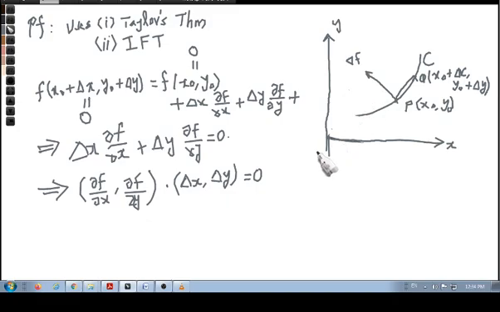Now our assumption is that this vector is non-zero. That means either this is not equal to 0 or this is not equal to 0. Let us assume, without loss of generality, that dou f by dou y is non-zero.